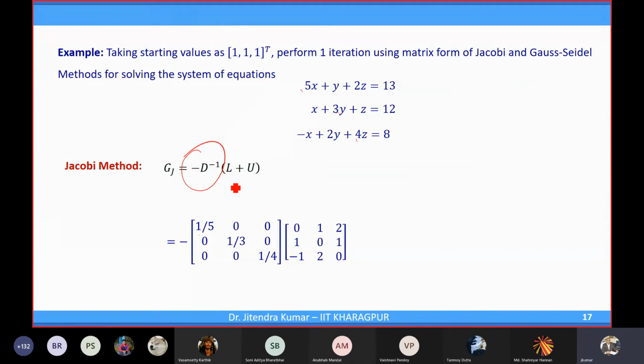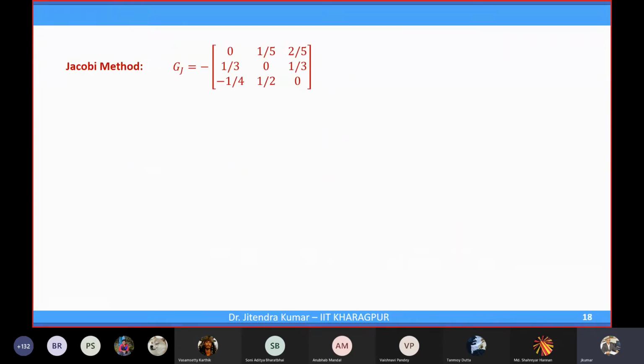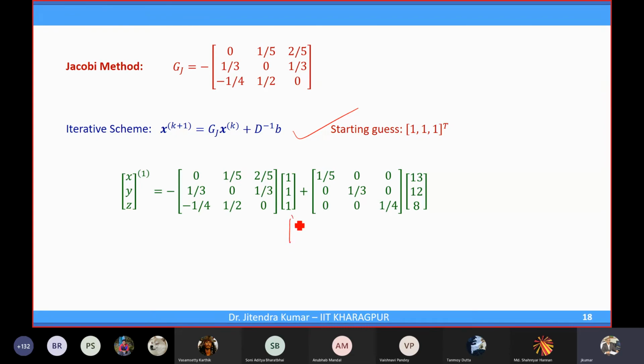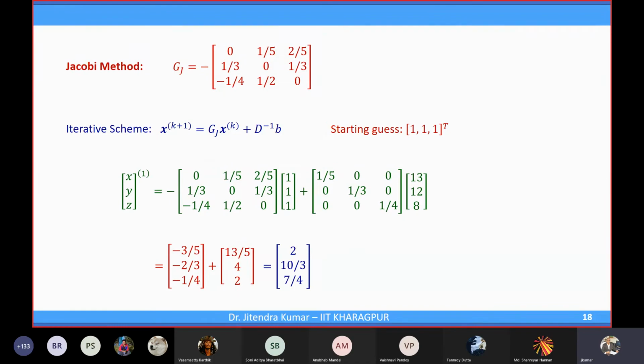L plus U, the rest of the coefficient matrix except the diagonal entries, is A minus D. So this is the iteration matrix for the Jacobi method, and the iterative scheme was this, if you remember. You put the starting guess here, then this B, D inverse here, then this Jacobi iteration matrix, and then you compute, and you will get 2, 10 by 3, and 7 by 4.